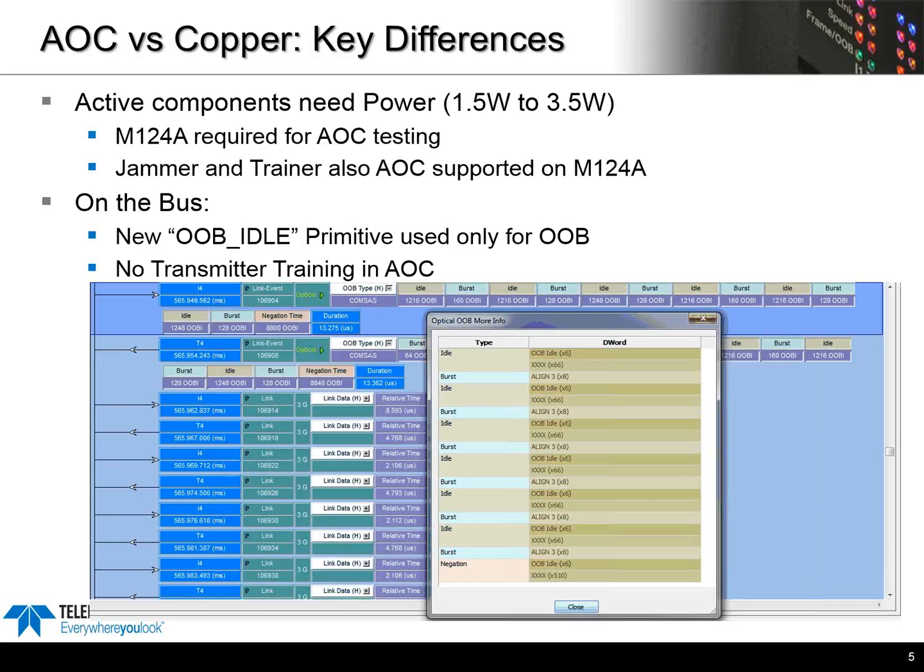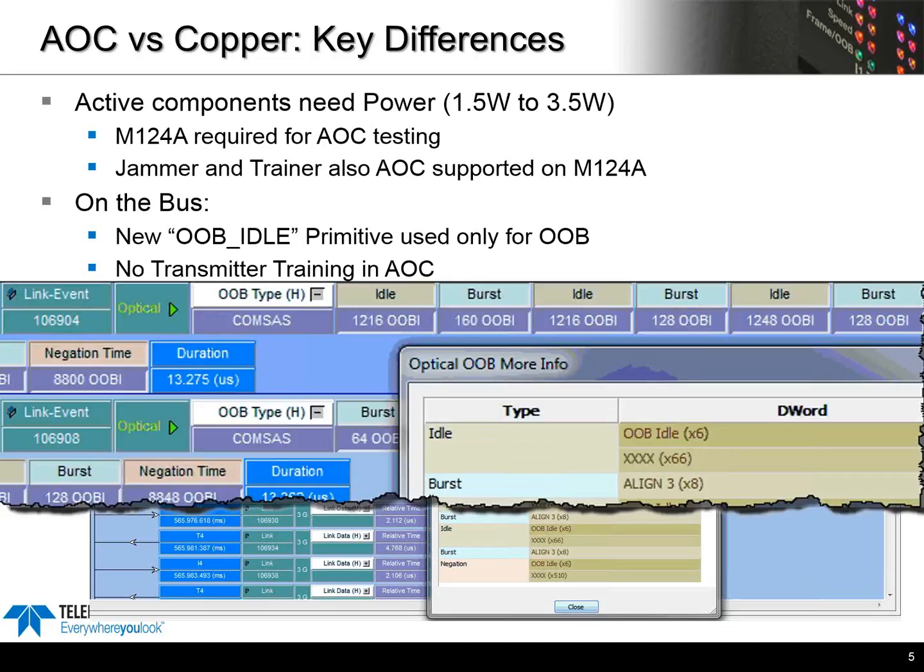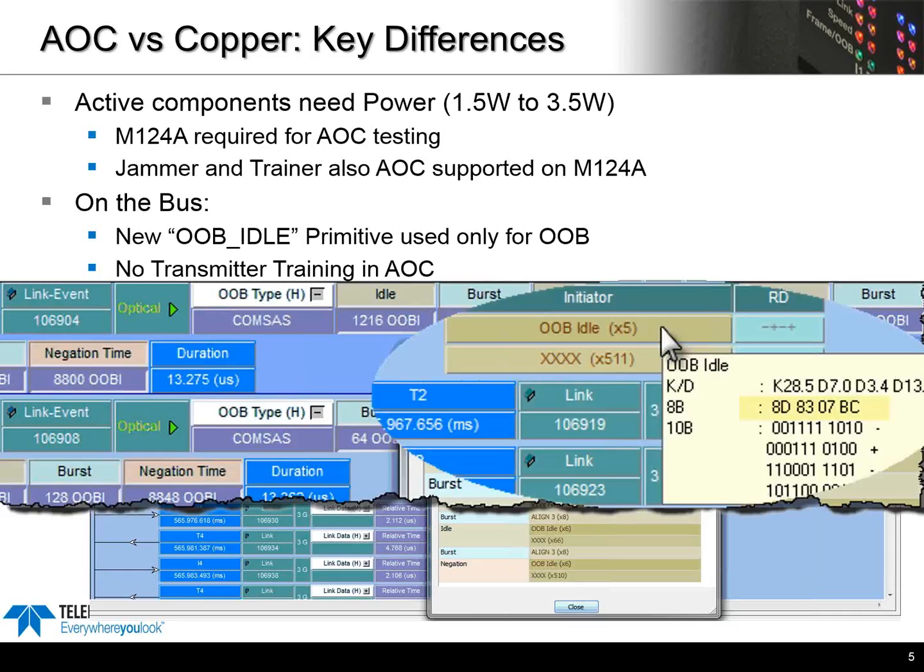The active optical being optical, that no longer is necessary, and we have a special enhanced decode now to support the active optical. You can see there during the OOB sequence.